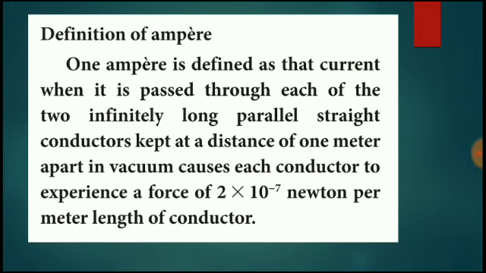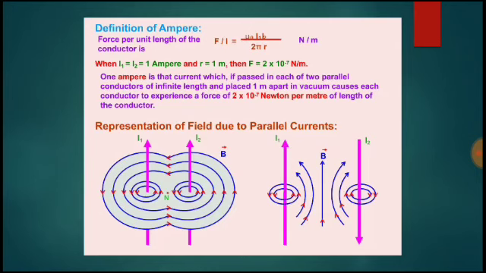Suppose I1 and I2 are equal to 1 ampere and the distance is 1 meter, then the force is F equal to 2 into 10 power minus 7 Newton per meter.